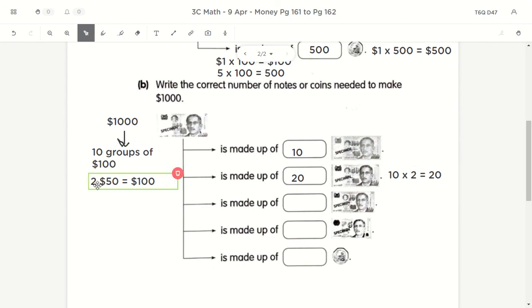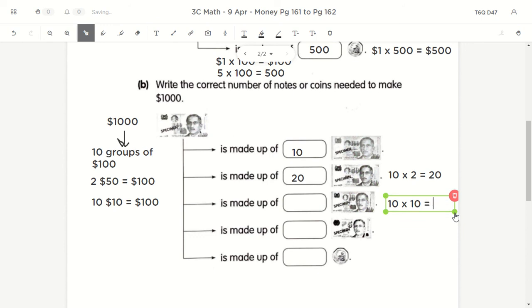So we know two $50 notes make 100. Let's look at $10 notes. I know I need 10 $10 notes to make $100. So in terms of equation, similarly, we know in 1000 there are 10 groups of 100, and in one group of 100 there are 10 $10 notes.